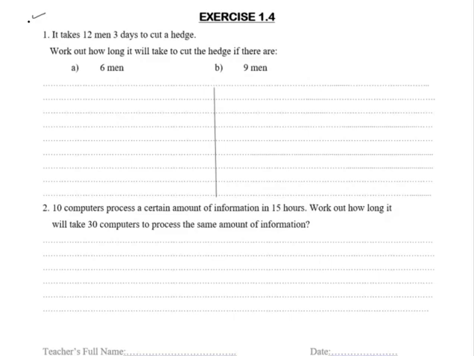The next day, 6 people come, and they say all 6 will be working on the project. Should it take them more time or less time? It's going to take less time as more people are doing the work. So it's inversely proportional.